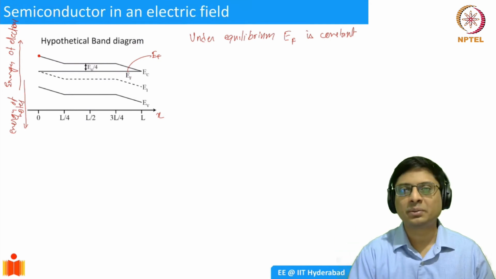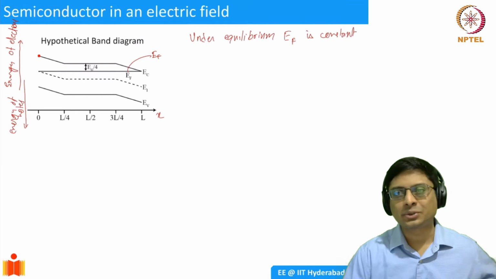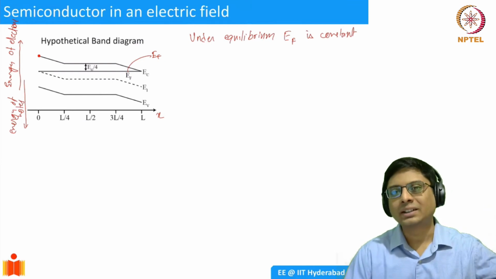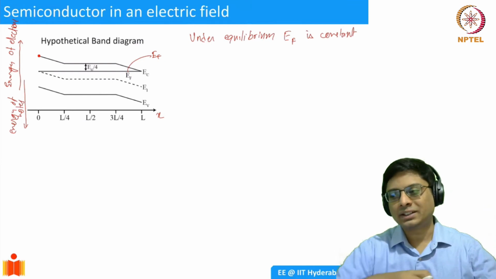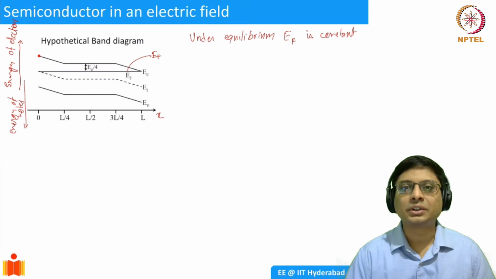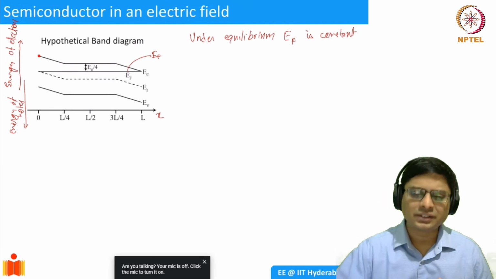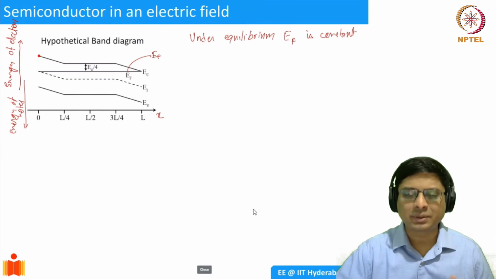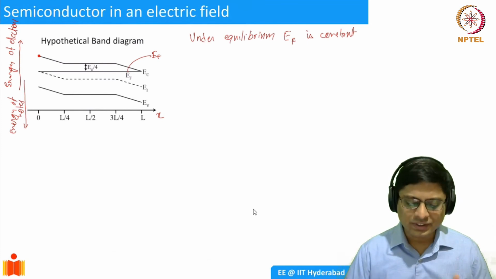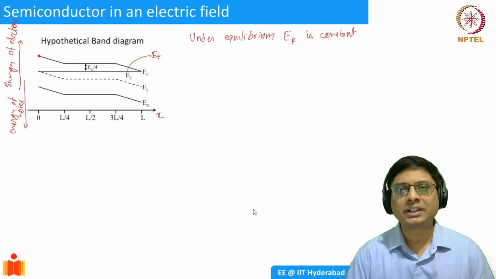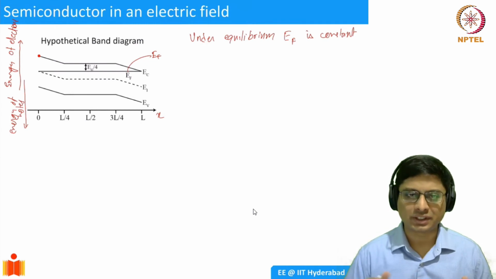It's always going to equilibrate. So if by chance you start pouring water from one side of the tank, even then it will simply equilibrate, and then you'll have a constant uniform level of water, right? Similarly, in a semiconductor, we'll go back and explain it a little bit more later on. But essentially, under equilibrium, the Fermi energy is always going to be constant.